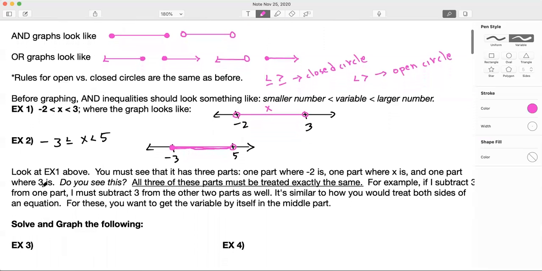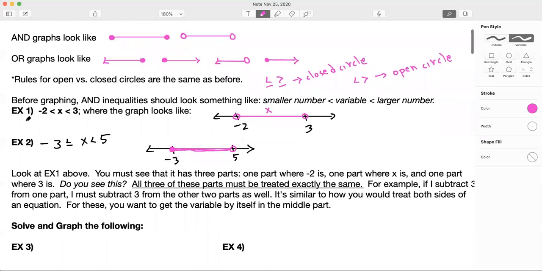Now I want you to look very carefully at example 1 above, right here. You must see that it has three parts. One part where -2 is, that's right there, this part.